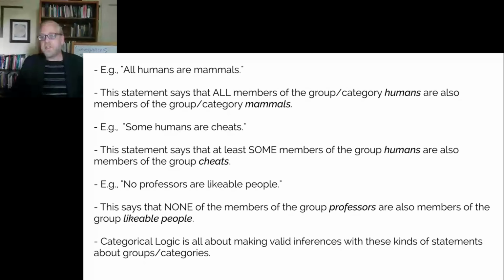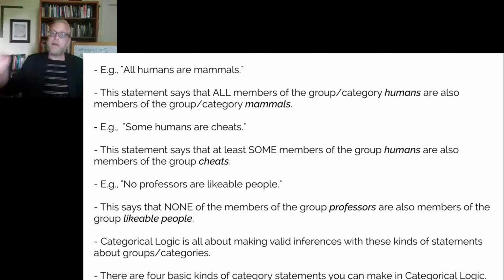It's just sometimes it's difficult. Some examples are easy. If I say all humans are mammals, all mammals are warm-blooded creatures, then it just pops out: that means all humans are warm-blooded creatures. Other arguments are more tricky. We can't just detect it with our intuitive logic sense. We have to do some categorical logic. We've got to do the circles.